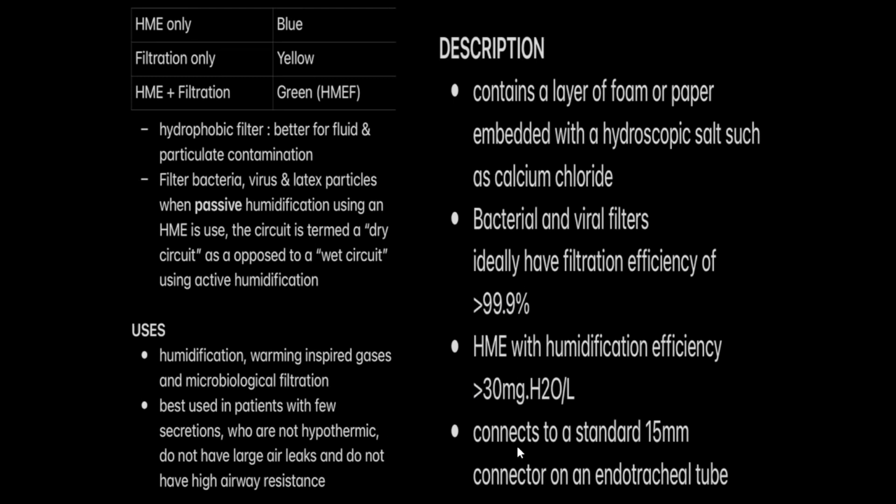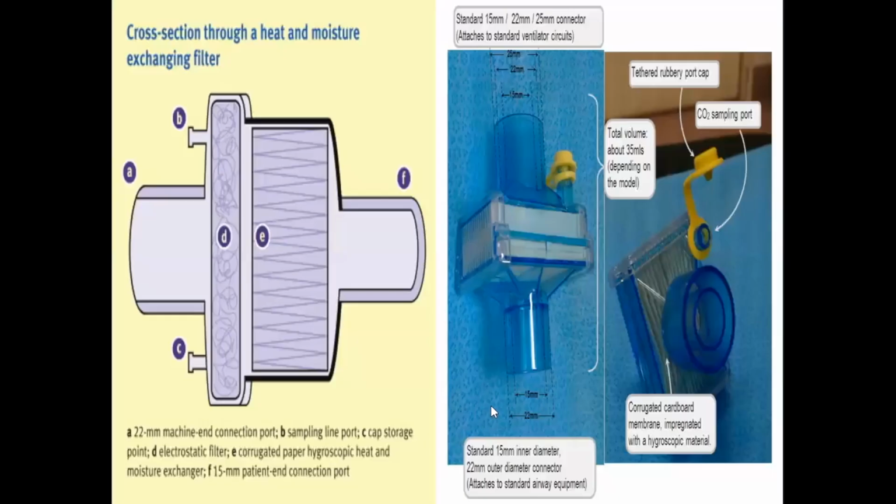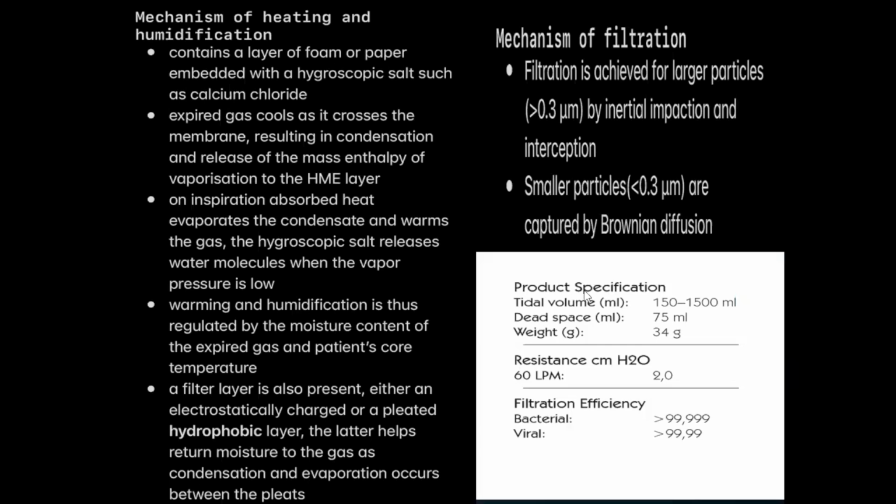This one also connects to a standard 15 mm connector on an endotracheal tube. This is also important, the 15 mm. All this you can go through on your own, the components of it. The standard 15 mm or 25 mm attaches to the ventilator circuit, and the 15 mm connects to the patient's airway. Okay, just go through it on your own.